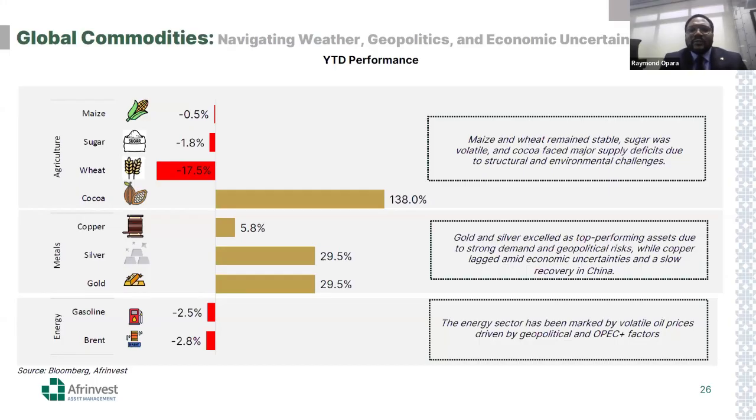But all in all, in 2025, we project that oil prices may still remain strong as a hedge against all the geopolitical risks.